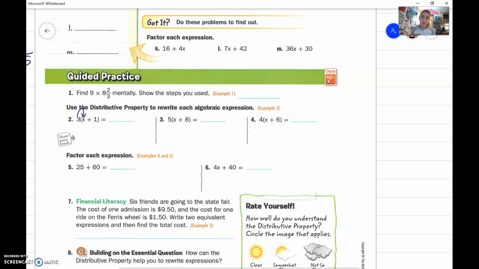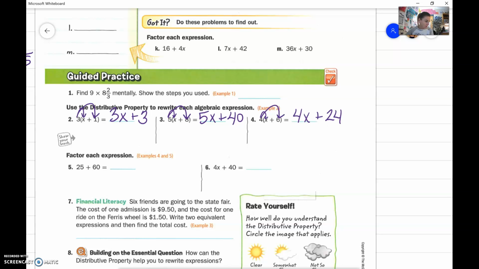We're going to do 3 times x, which is 3x, plus 3 times 1 is 3. Now next one, we're going to take 5 times x is 5x, plus 5 times 8 is 40. Here we go. 4 times x is 4x, plus 4 times 6 is 24.